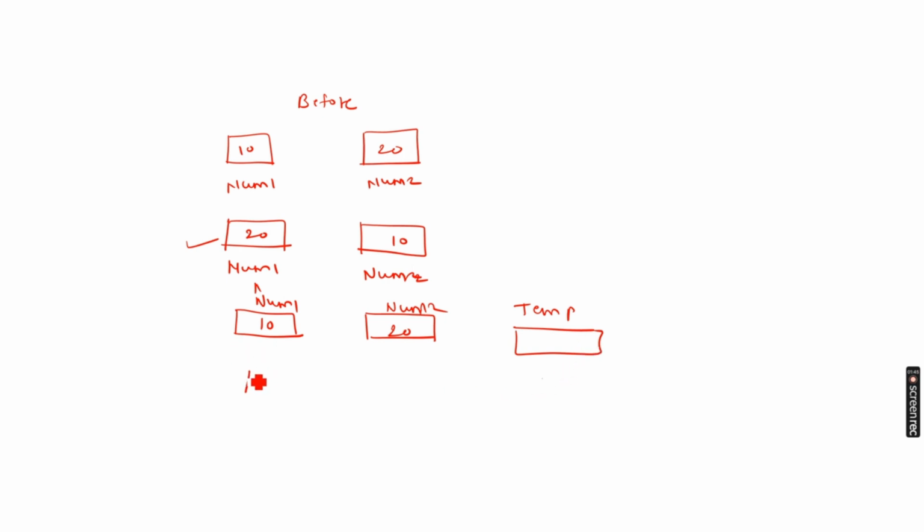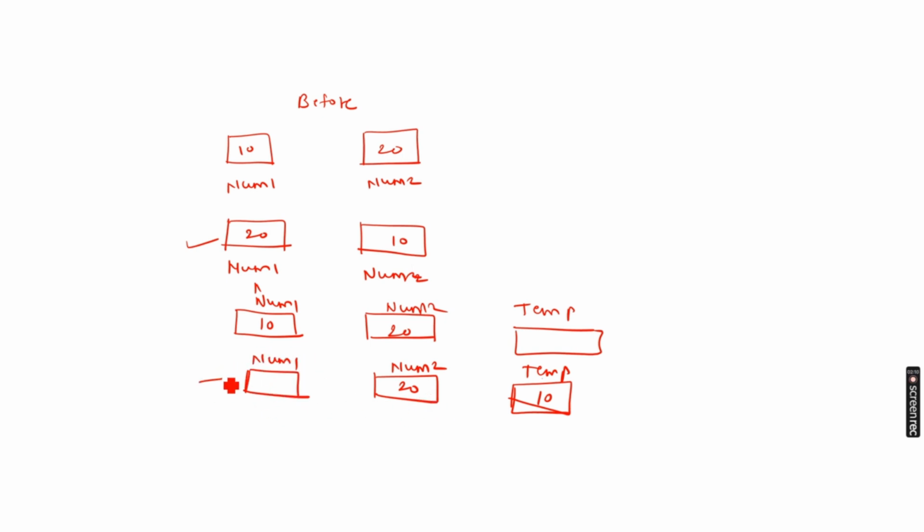So my first step is, this is num1, this is num2, and this is temp or temporary variable. I am going to move this number 10 to the temporary variable. So now 10 will be available here and num2 will contain 20. Now this space is available for num2's value.